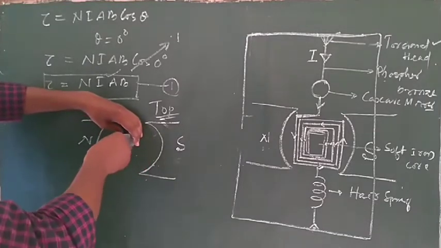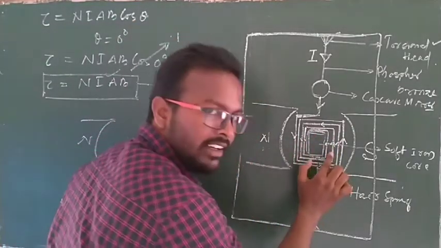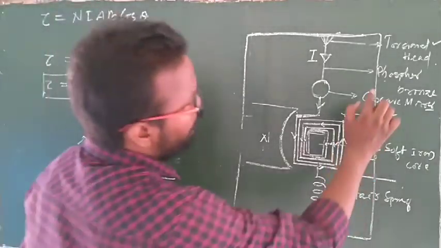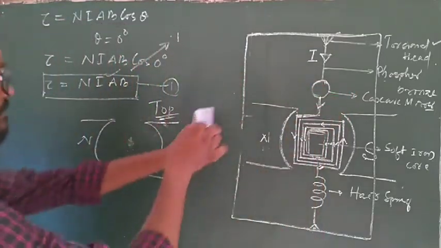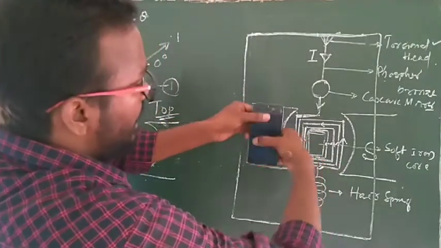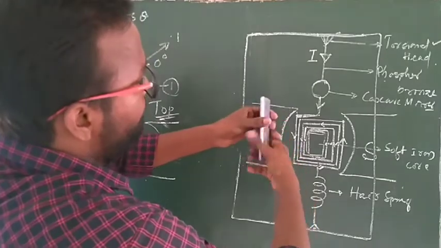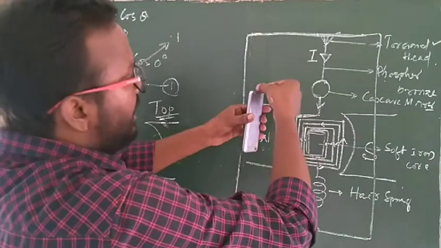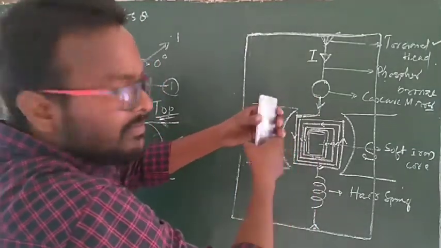Due to rotation of the coil inside the radial magnetic field, the phosphor bronze strip gets twisted, because when this coil rotates inside a horseshoe magnet, the phosphor bronze strip connected to the coil also gets twisted.